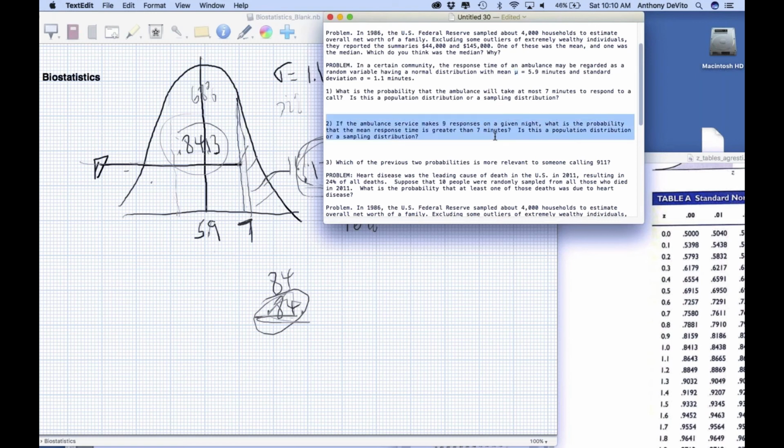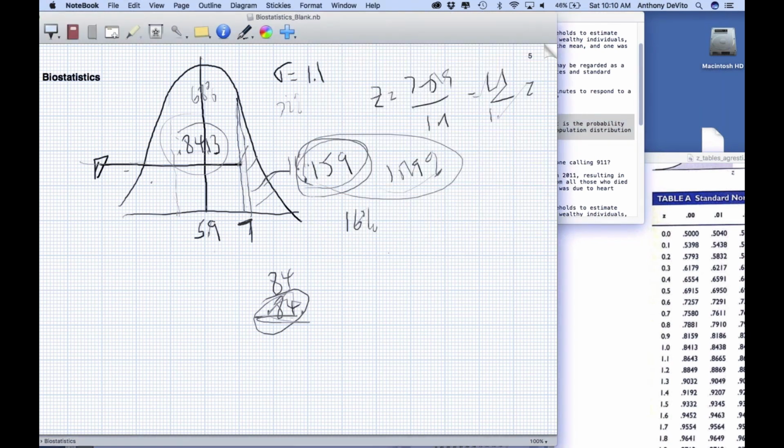If they make 9 calls in a given night, the probability that each is more than 7 minutes is about 16%. So 9 times 0.16 would be the number of calls you would expect to be longer than 7 minutes.